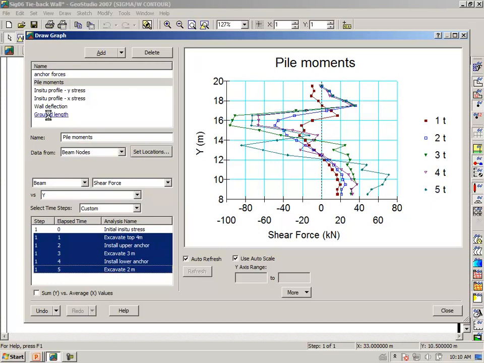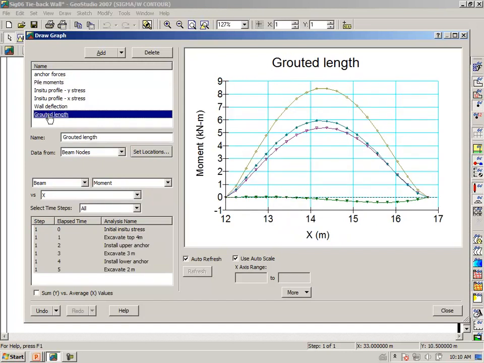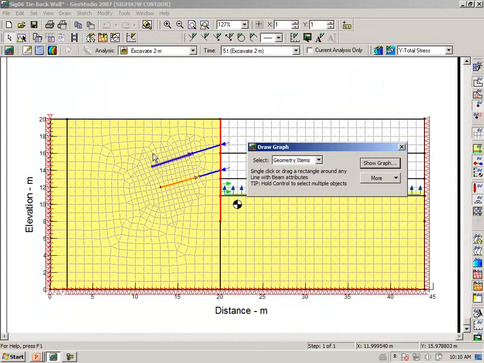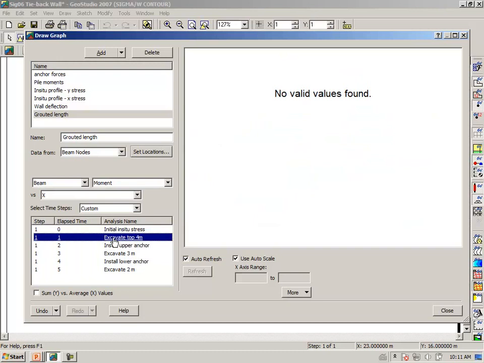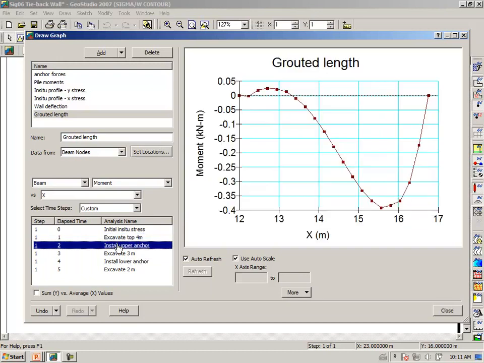We can also look at the axial forces in the grouted lengths of the anchor. In this particular case, we're looking at the grouted length in the upper anchor. And when we look at the case where we install the upper anchor, we are plotting versus the x distance.